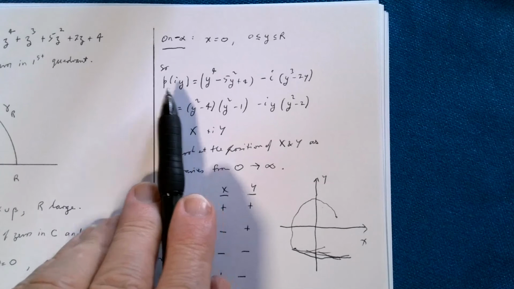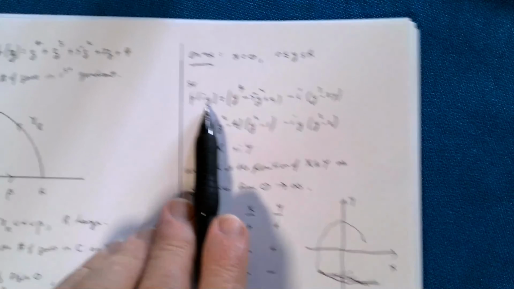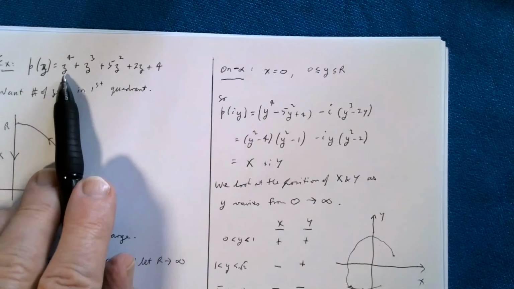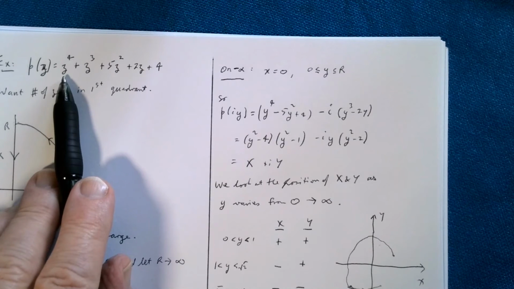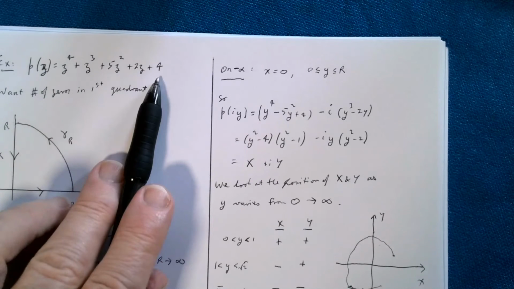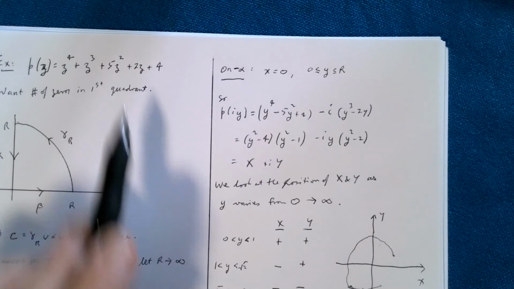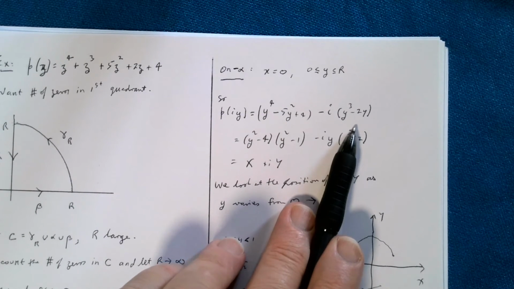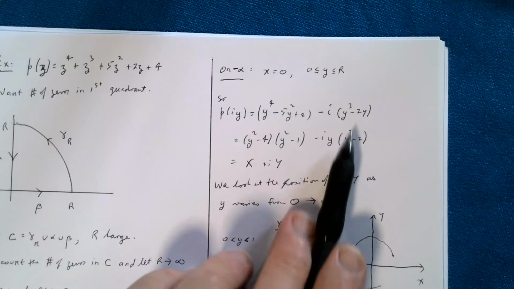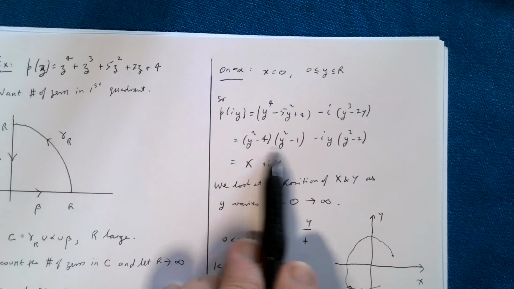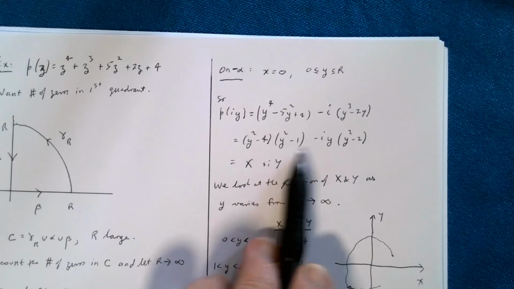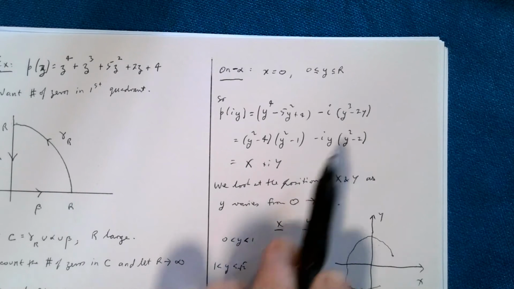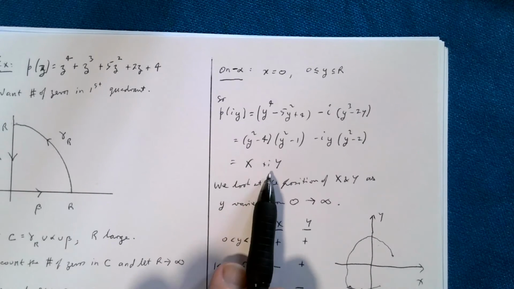So I substitute that into the polynomial over here. I'm putting z equal to iy into here, and I just pull off the real parts, and then I get the imaginary parts. Now happily both of these things factorise nicely, so I get this factorisation here, and I'm going to call that capital X plus capital iY.